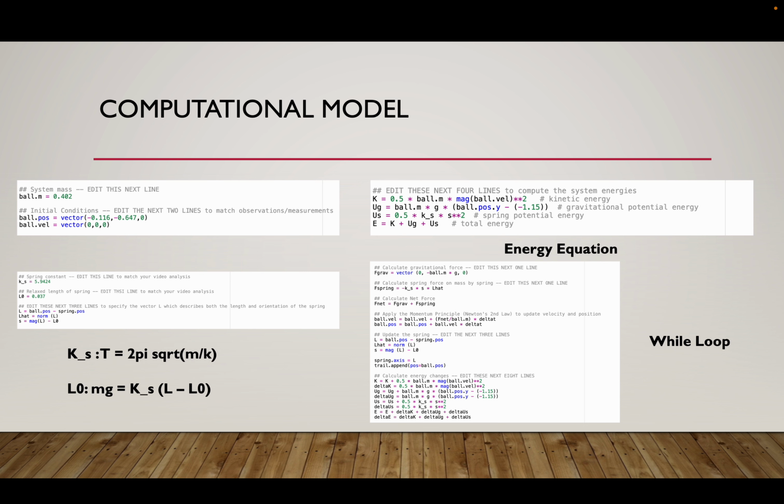And in the while loop, we set up the gravitational force, spring force, and the net force, and according to that, we can calculate the ball's velocity and the ball's position and its update formula. And we also can update the energy principles.